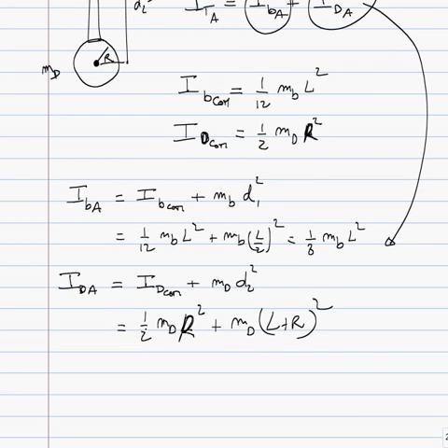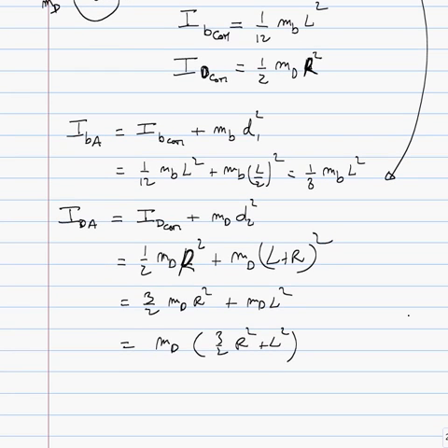So what do I have? I have 1/2 md r squared plus md r squared. That's 3/2 md r squared plus md L squared. So I have md times 3/2 r squared plus L squared.